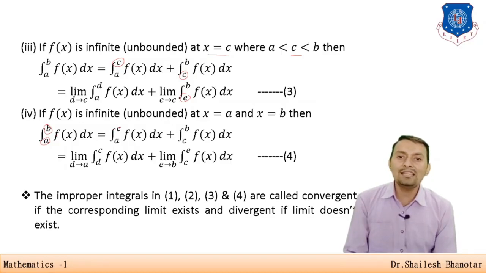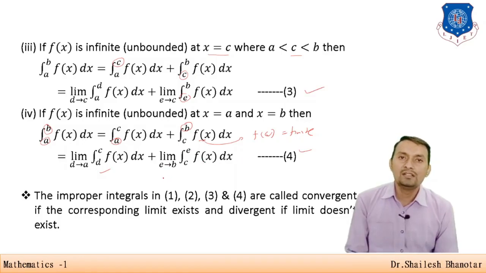So integration a to c f of x dx plus integration c to b f of x dx, where the function has a finite value at x equals c. Then we evaluate by replacing a with a constant d, limit d tends to a of integration d to c f of x dx, plus, with b replaced by a new constant e, integration c to e f of x dx, then take the limit e tends to b.